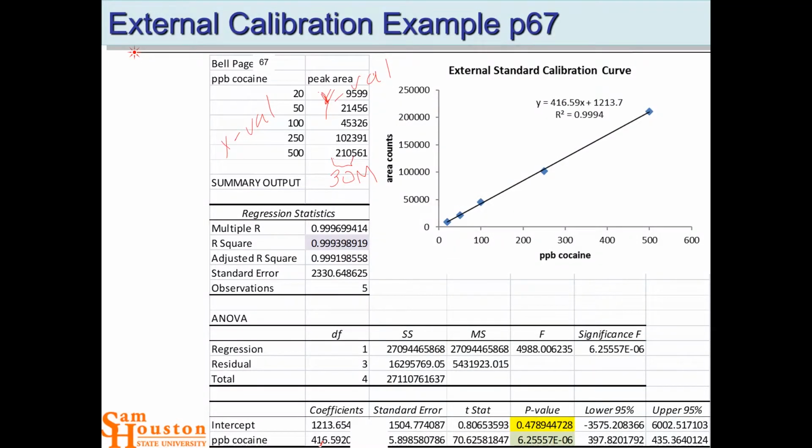But look at our standard error. That's kind of a strange thing. Our intercept, we're saying, is 1200 plus or minus 1500. That should raise alarm bells. And of course, now you know you're trying to look at the p-values. And so what's the probability that this intercept was caused by random variation in our data or noise?